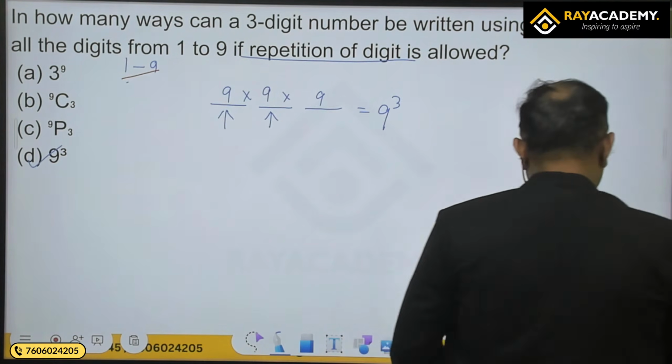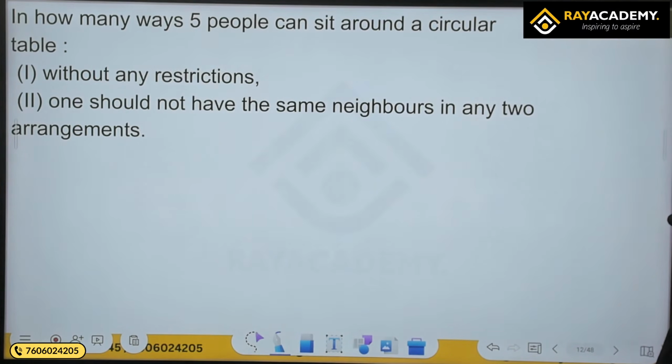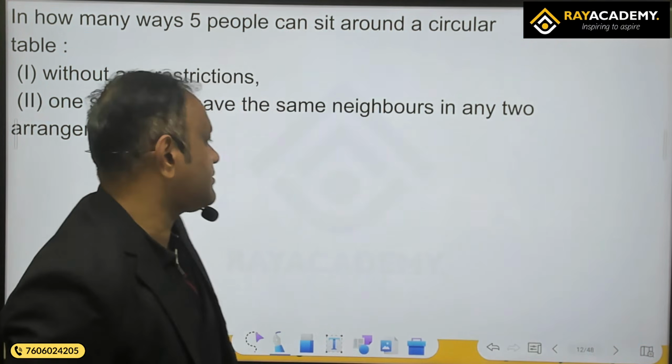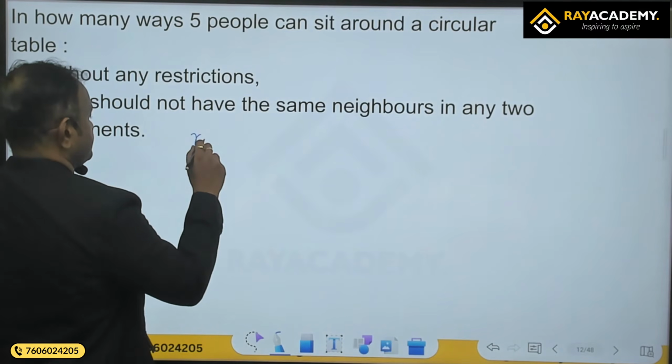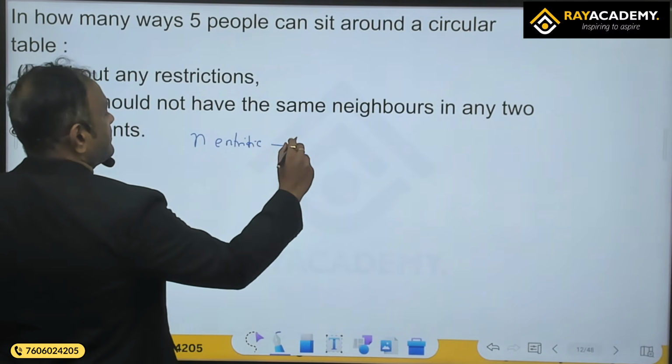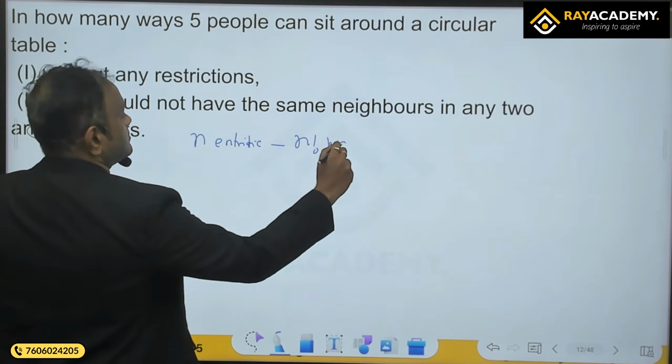Next. In how many ways can 5 people sit around a circular table without any restriction? One should not have the same neighbors in any 2 arrangements. So first, circular arrangement we have not yet discussed. For linear arrangement, suppose n entities are there, it is n factorial ways.